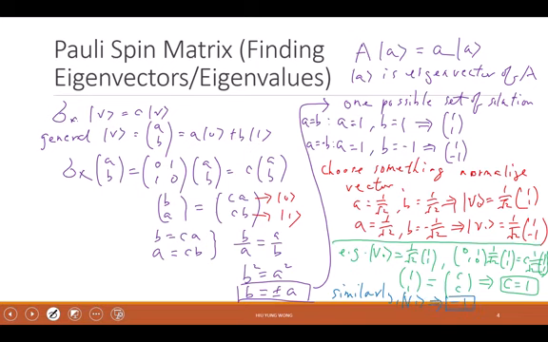Okay, so basically here it tells us that if I have the Pauli spin matrix in the x direction, or the x Pauli spin matrix sigma x, its eigenvalues are still plus and minus 1. But its eigenvectors are different from the eigenvectors of sigma z.